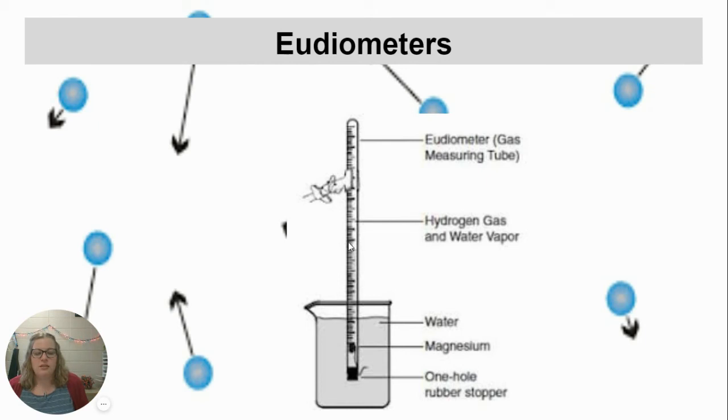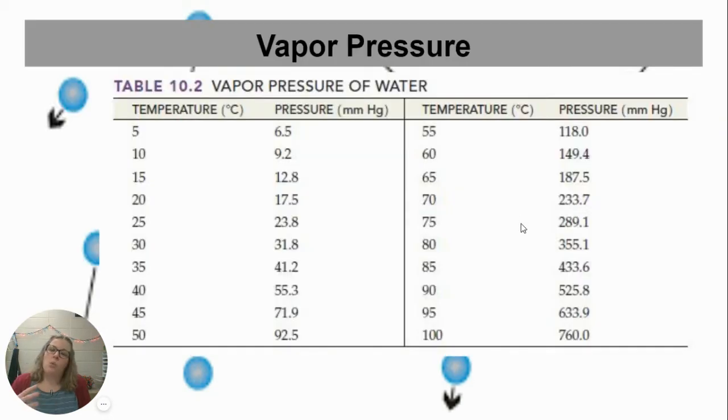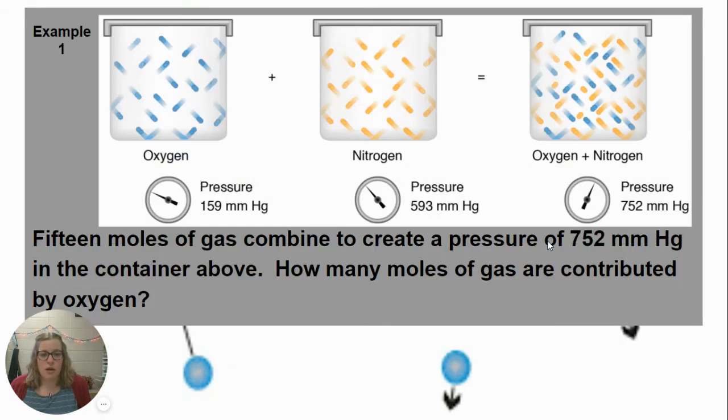So inside this tube for that experiment, I have a mixture of probably mostly hydrogen, but a little bit of water. If I want to figure out just the pressure of the dry gas, I need to do a little bit of subtraction. I'd need to measure the temperature of the air and the water, which are probably going to be relatively close. I'm going to measure that pressure, and then I need to take out the water vapor pressure to get the pressure of my dry gas. I'm going to go through an example of that so that you know what I'm talking about.